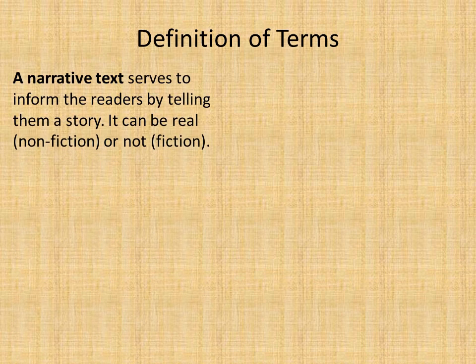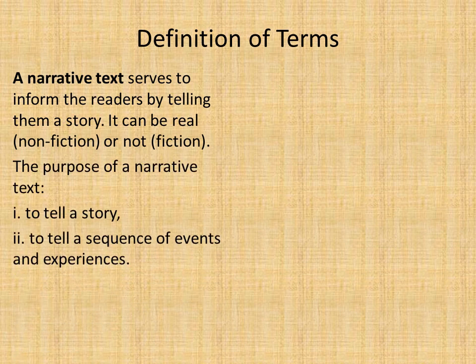We start with the definition of terms, the words associated with first person narrative. The first one we're going to look at is the narrative text. A narrative text serves to inform the readers by telling them a story. So, a story that informs the readers is called a narrative text. The purpose of narrative text is to tell a story and also to tell a sequence of events or experiences.